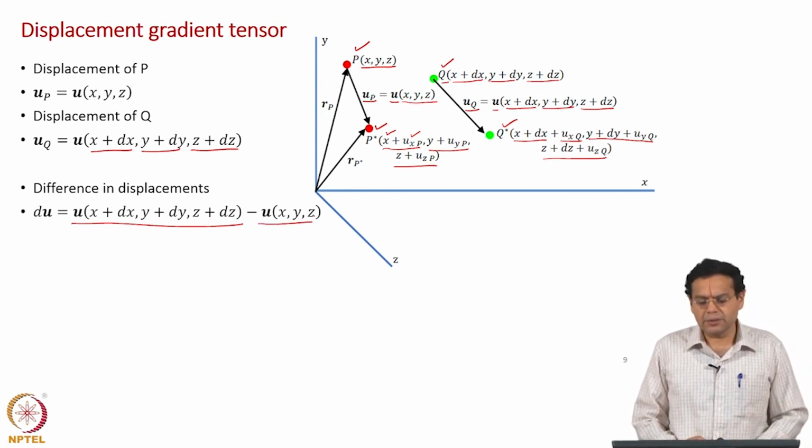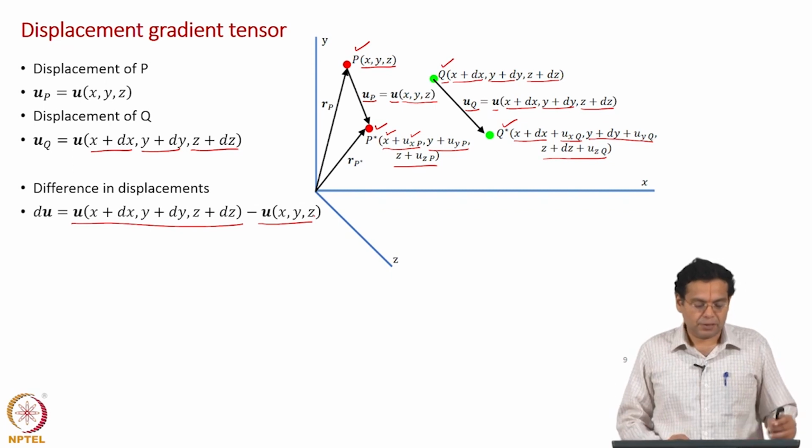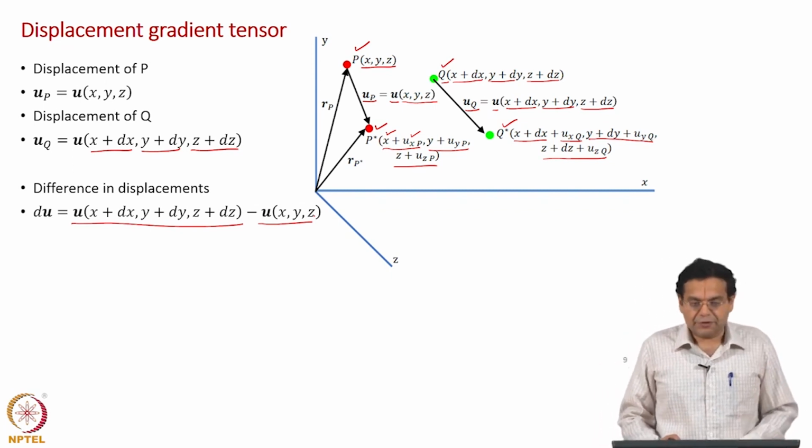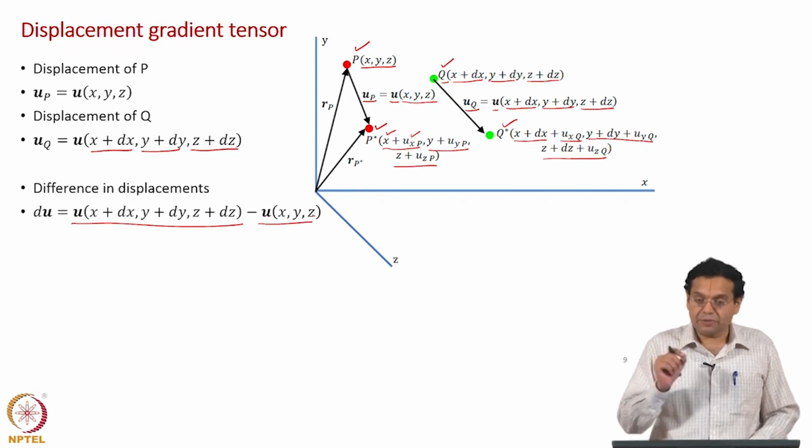What does this line tell you? The vectorial difference in displacement of q and p. Right now it is vectorial, we will go to the components shortly. Right now, the vectorial difference between the displacements of q and p.